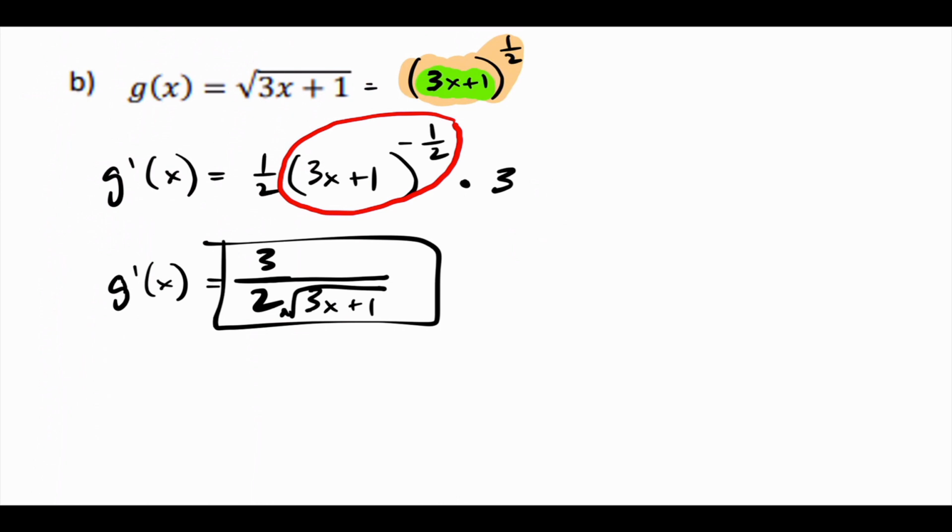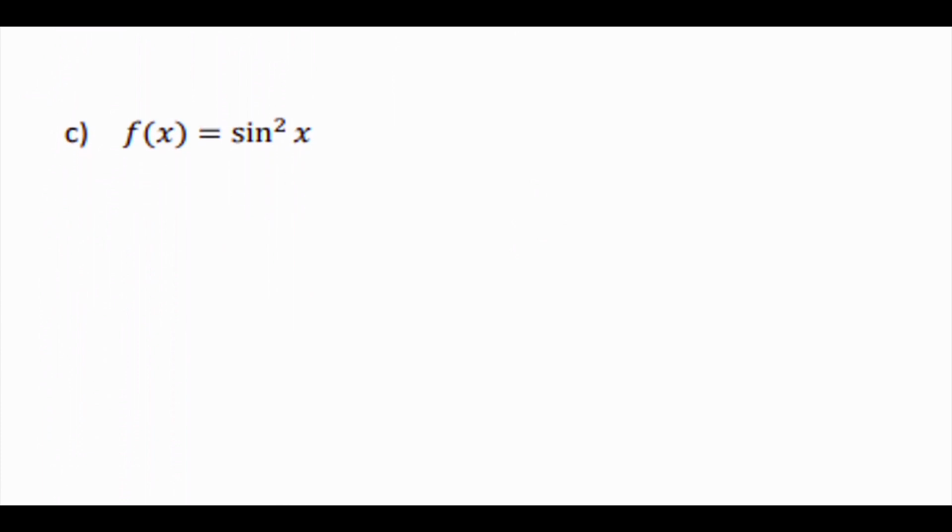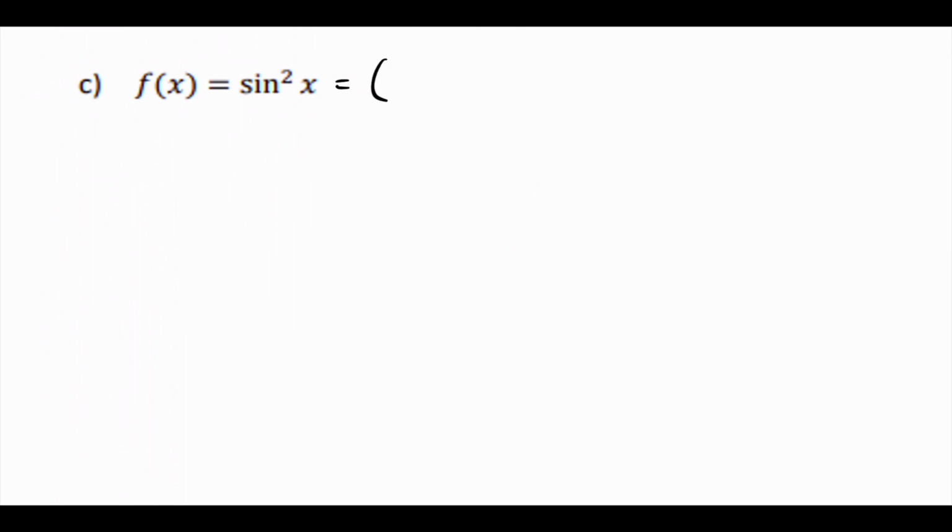All right, let's look at letter C. For letter C, we said we didn't like it written like that, so I'm going to rewrite it the way I had it before: sine of x, squared.